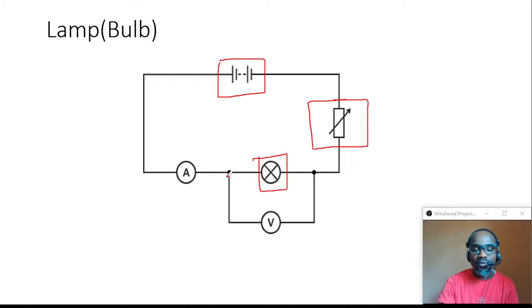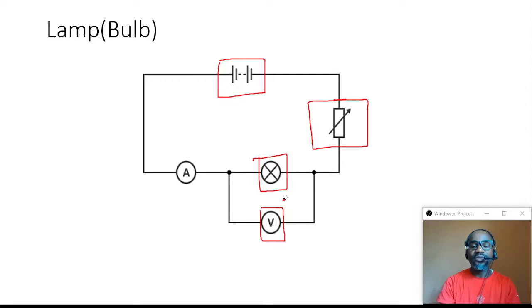Directly above the lamp is the symbol for the voltmeter. You can see that there is a connection between the first terminal of the lamp and the second terminal of the lamp. So the voltmeter is connected in parallel with the lamp. I repeat, the voltmeter is connected in parallel with the lamp, not in series. Please take notes.